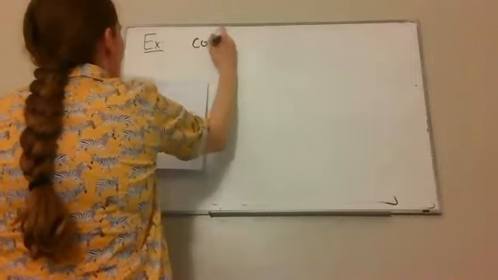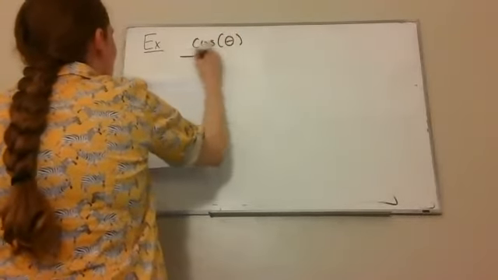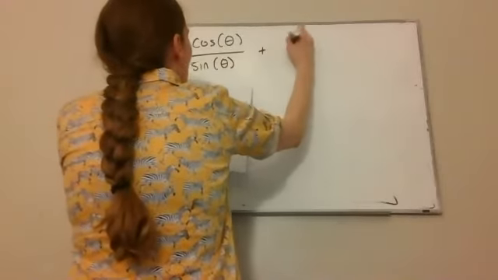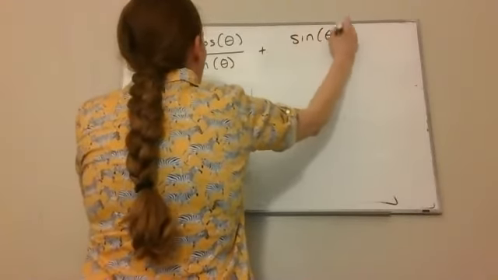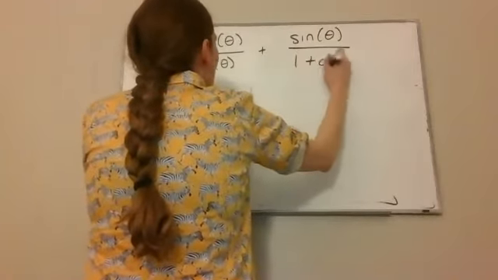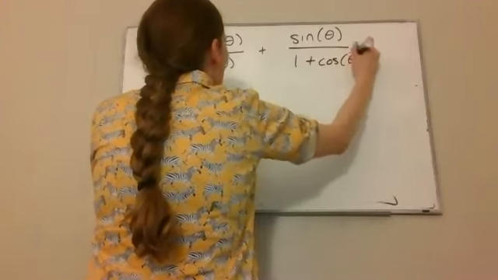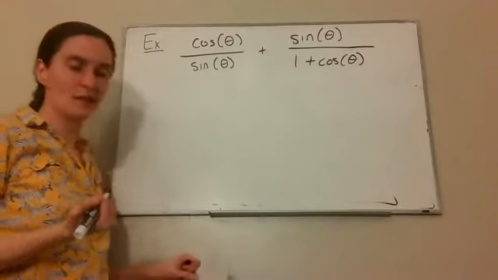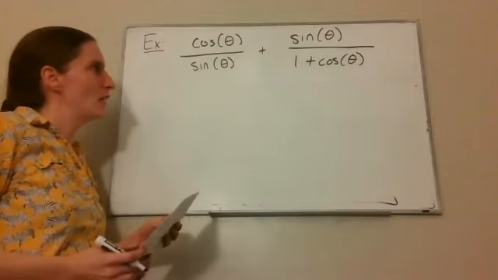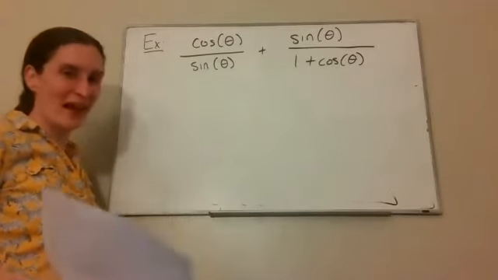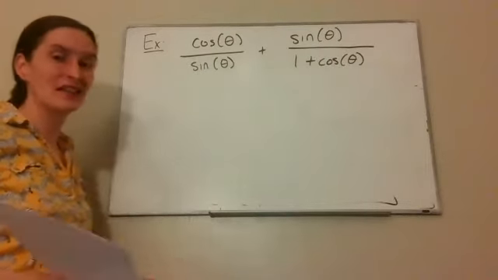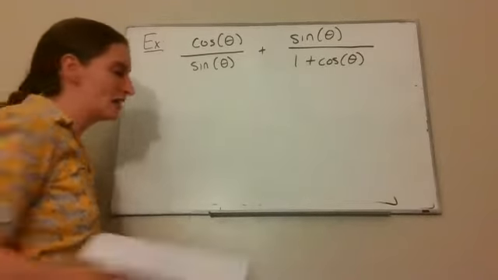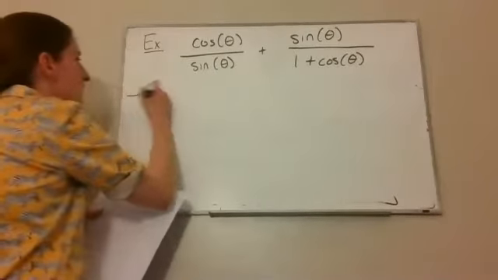Let's say I want to simplify cosine of theta over sine of theta plus sine of theta over 1 plus cosine of theta. And I want to write this without using any fractions and as simple as possible. Well, I have two fractions being added together right here. So my instinct is to rewrite with a common denominator and add it together into one fraction.